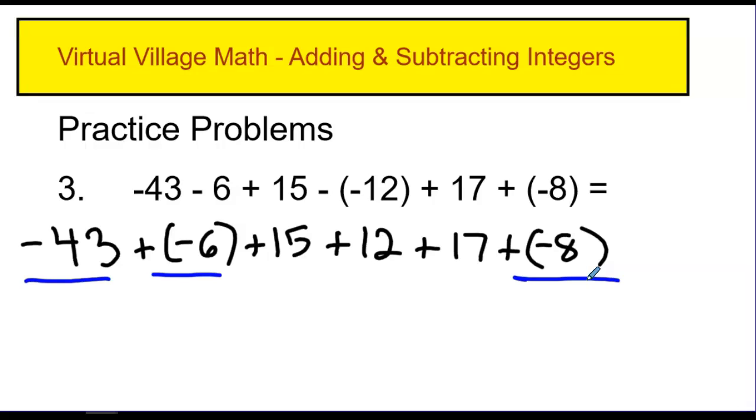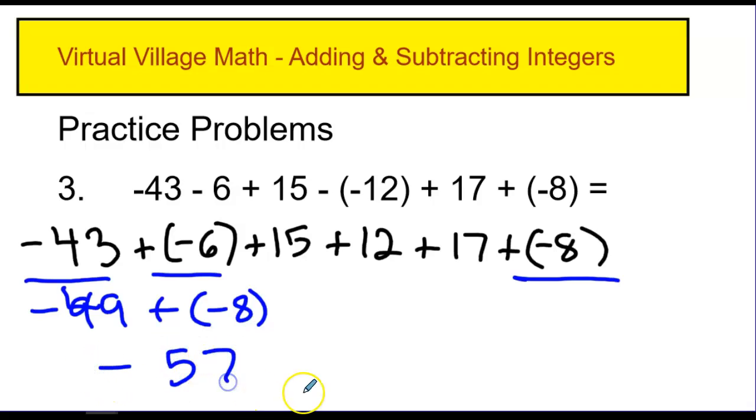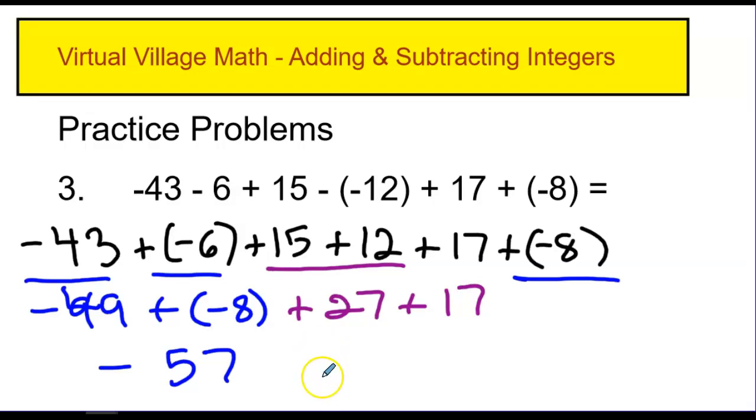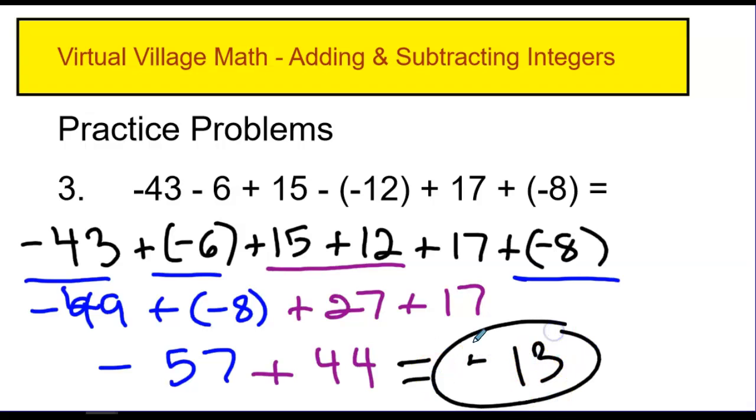Negative 49 plus negative 8 gives me negative 57. Now 15 plus 12 gives me 27. And 27 plus 17 gives me 44. Negative 57 plus 44 gives me negative 13. And that's my final answer.